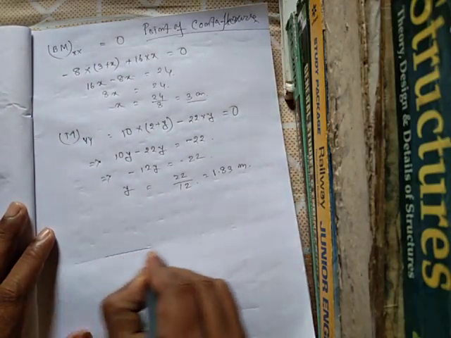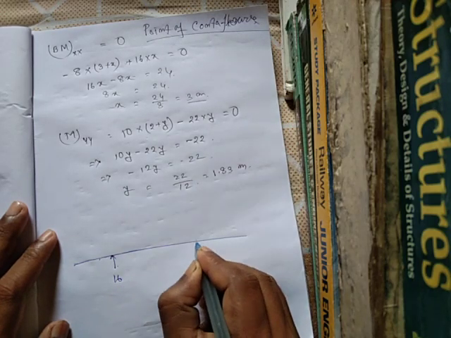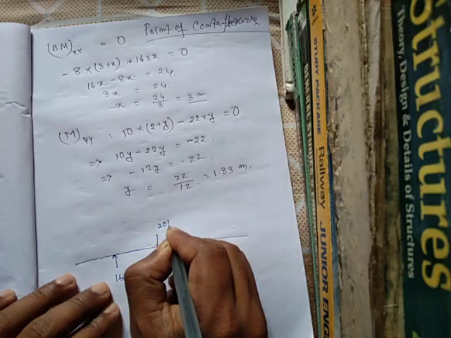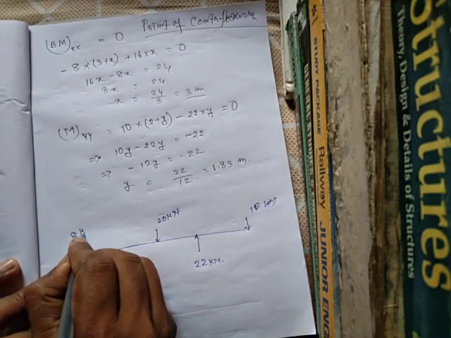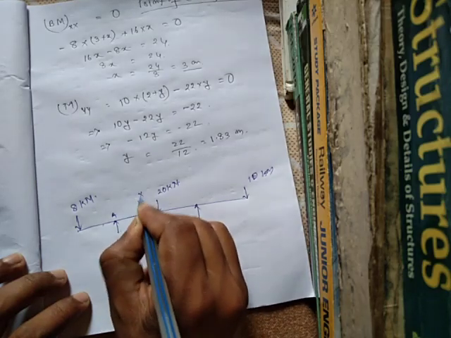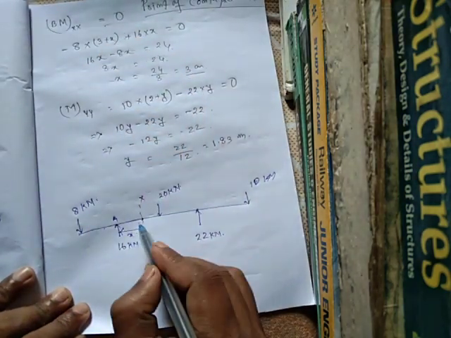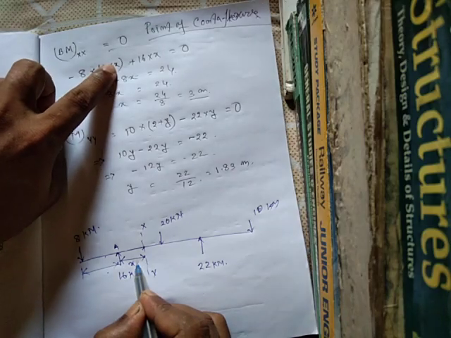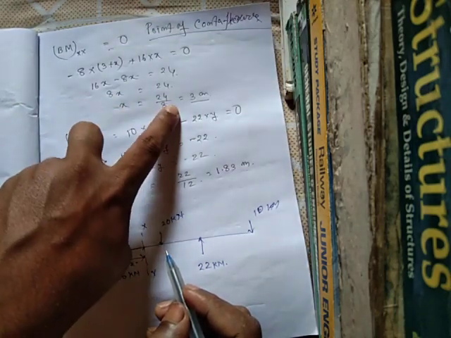The reaction forces are 16 and 22 kilonewton, with point loads of 10 kilonewton and 8 kilonewton. At point XX, distance x from A, the moment is 0. For the 8 kilonewton load, it is 8 into (3 plus x), and 16 into x, which equals 0, and we find x equals 3 meter.